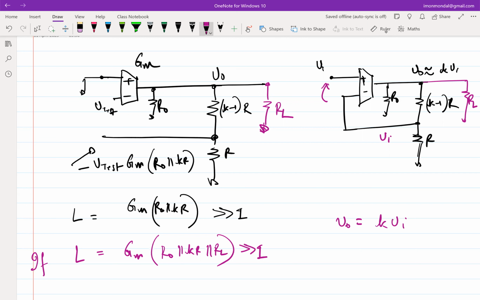So what does this imply? Let me be more specific with the question. How does the output get affected with the application of a load RL?